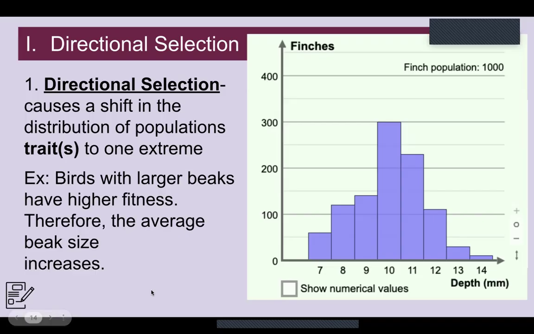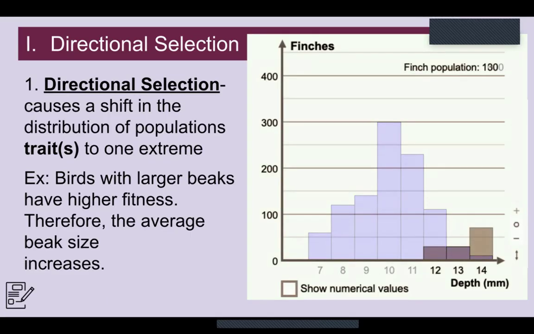This graph might look familiar to you. It's from the gizmo, and it shows you a kind of normal distribution of beak depth. You have beaks ranging from 7 millimeters to 14 millimeters. In the gizmo, you guys made a drought. And so what happened to the beak sizes after the drought? Look what's happening.